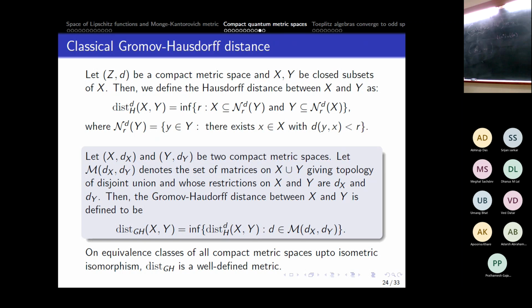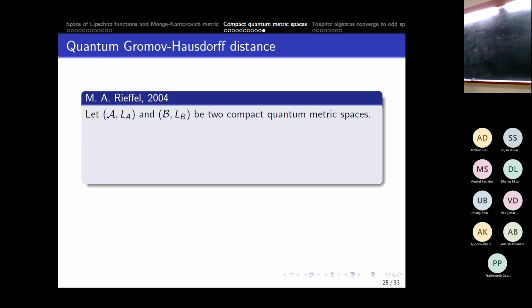Their distance is 0 if and only if they are isometrically isomorphic, so why not try to define some kind of distance between compact quantum metric spaces, where our expectation will be that the distance is 0 if and only if they are star isomorphic. Let us see how far we can reach.